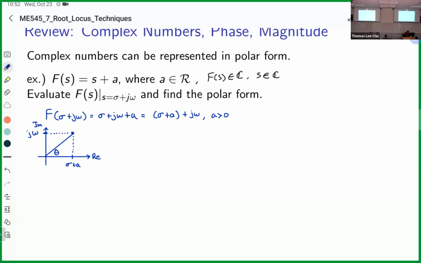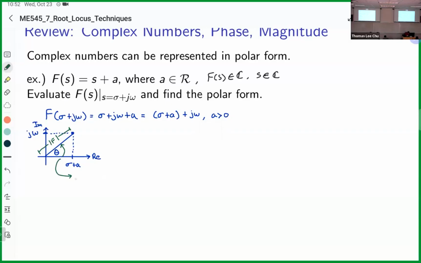All right. So now that we have that, we know that we can determine the angle of this. And then the length of this is just the magnitude of F evaluated at that point. And our angle here is, so in this textbook, we're going to reference the positive x-axis.